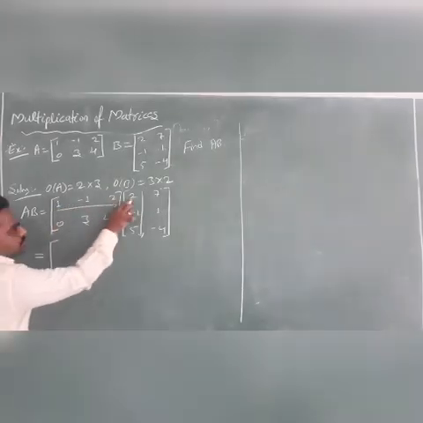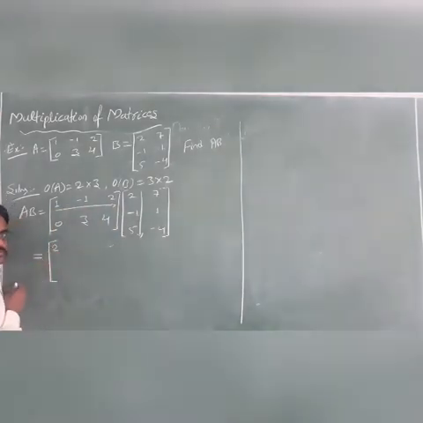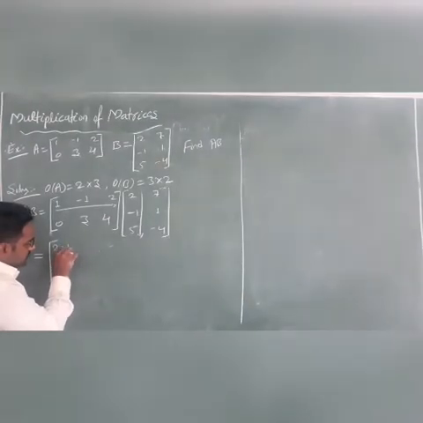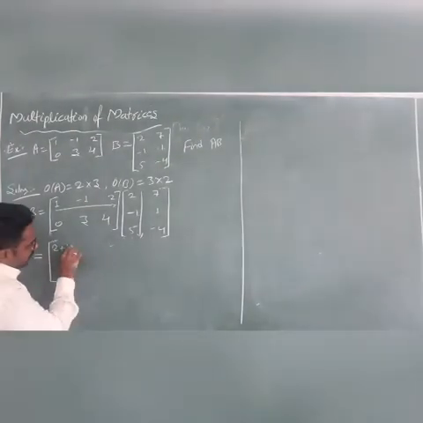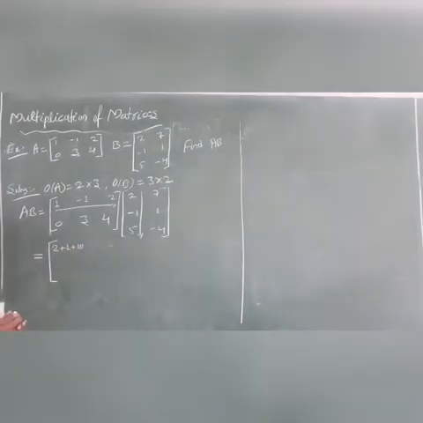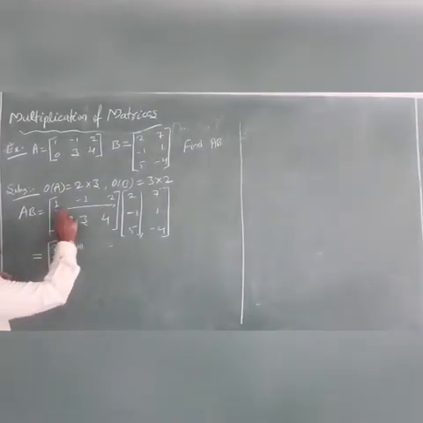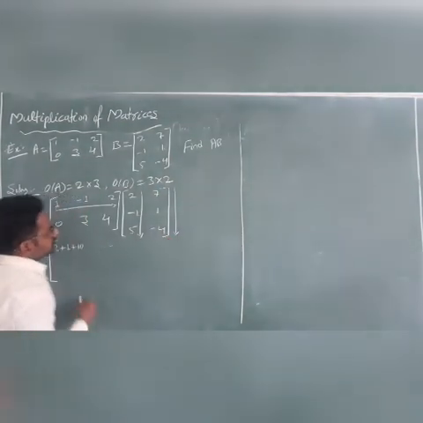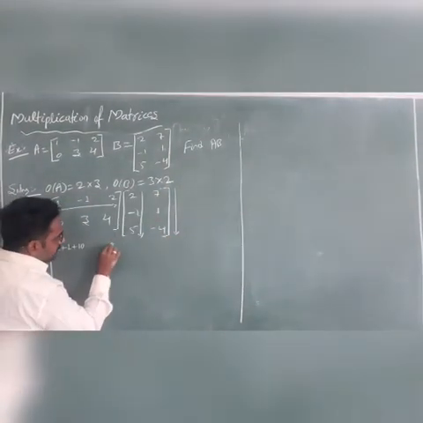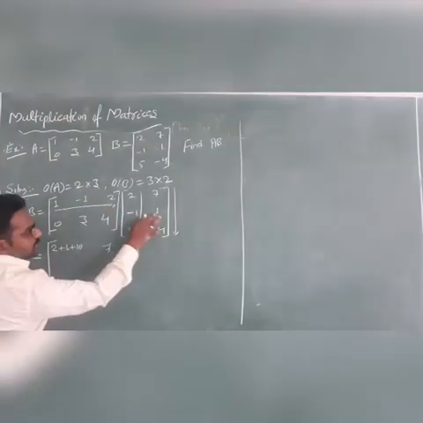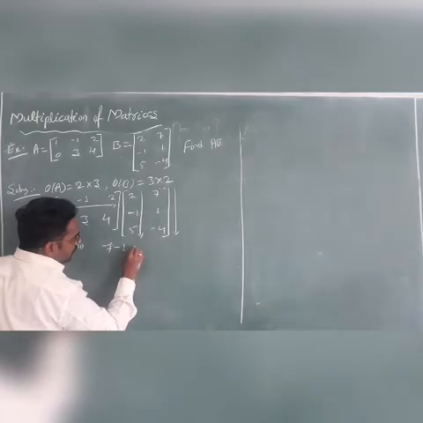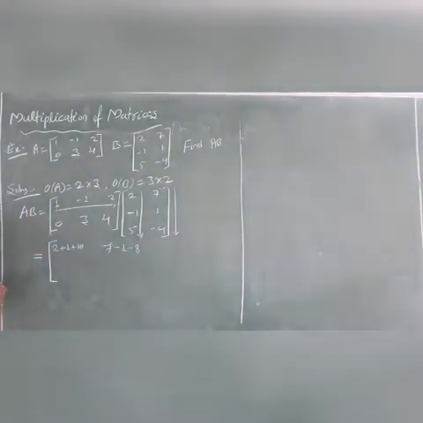So 1 into 2, that is 2. Minus 1 into minus 1, that is plus 1. 2 into 5, that is plus 10. Next, first row with the second column. 1 into 7, 7. Minus 1 into plus 1, minus 1. 2 into minus 4, that is minus 8.